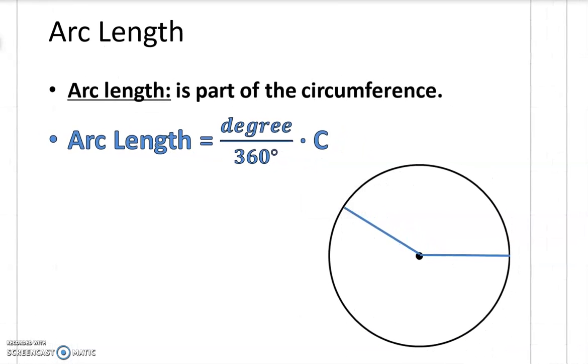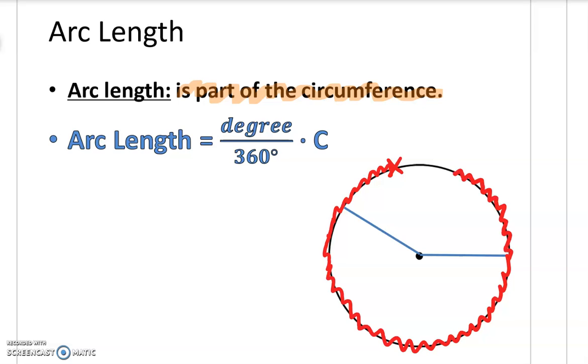So arc length is a part of the circumference of the circle. You may be asking, what is circumference? If you were standing on the circle and I told you to walk the distance around the circle, all the way around, that is what we call the circumference of the circle.